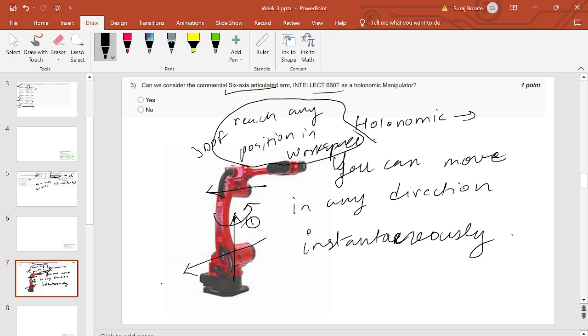So this is the first rotation, this is the second rotation. Once you do this, you can sweep 360 degrees along this direction, and then you can have some angle perpendicular to it. Okay, so already you can point along any direction on a sphere using these two degrees of freedom.